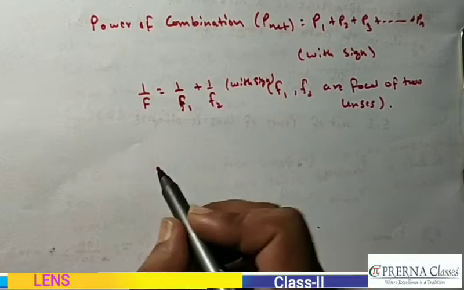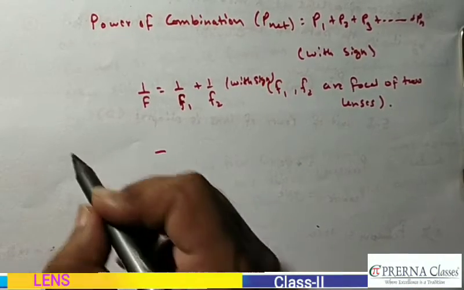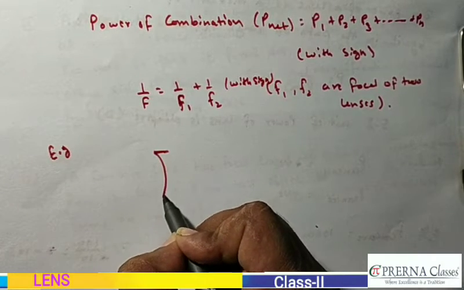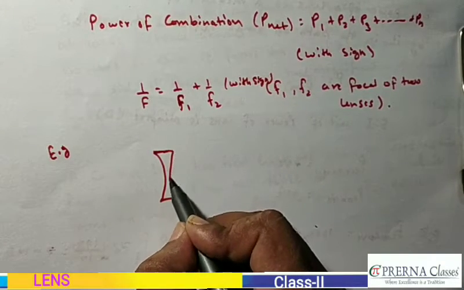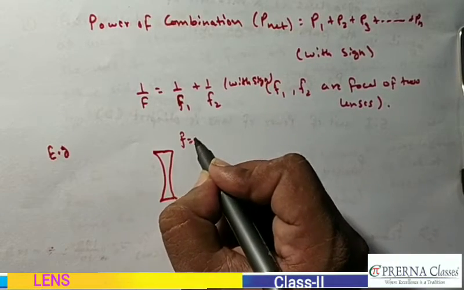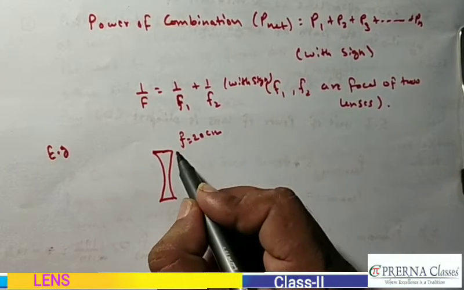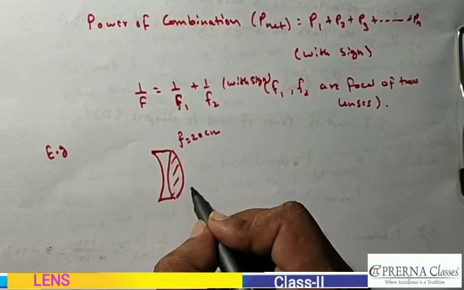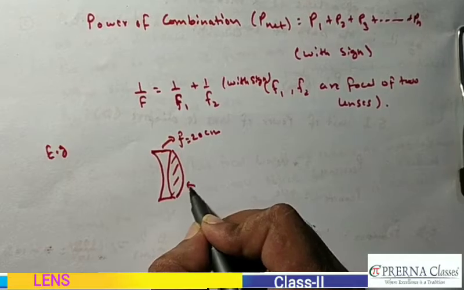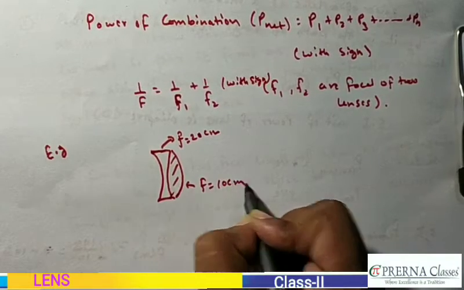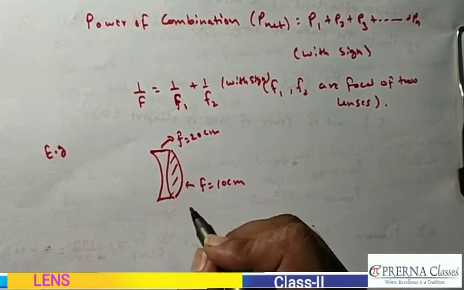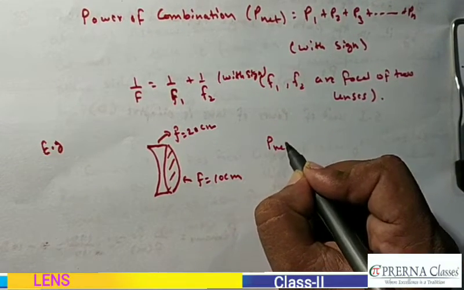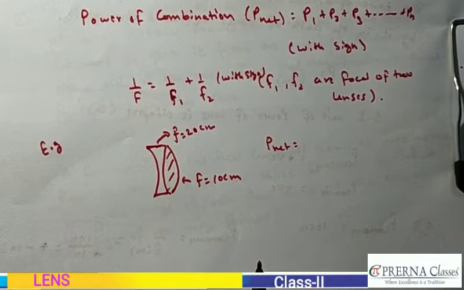Suppose, as an example, I have a concave lens of focal length 20 centimeter and a convex lens of focal length 10 centimeter. Both are kept in contact. Now what will be P net, the effective power of the combination?